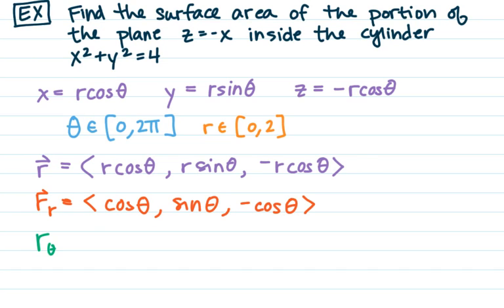And r sub theta is going to be negative r sine theta, r cosine theta, and positive r sine theta.